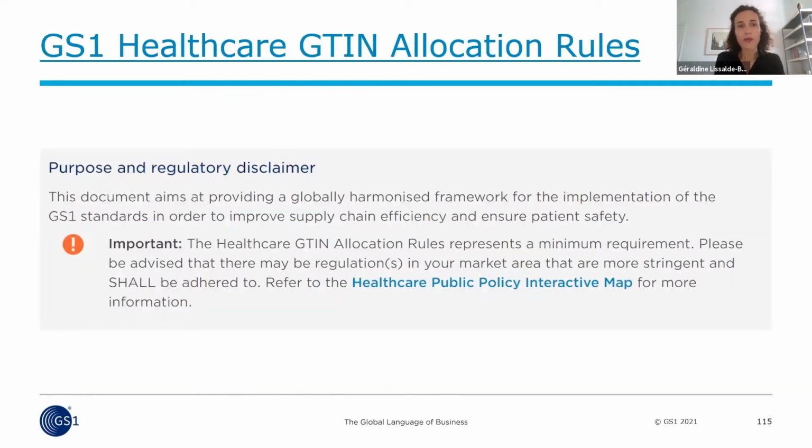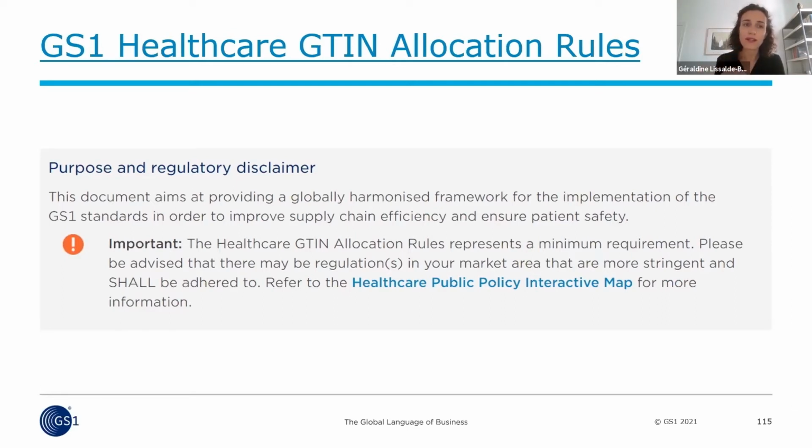In terms of GS1 implementation, if the regulation is silent or if it's asking you to apply the standards, then you will have to dig into the GS1 GTIN allocation groups. And here it's really with the help of the MO and GS1 UK or any other MO that you will be able to really understand all the details and make sure that you're applying the standards in a correct way and in a harmonized way across the world.